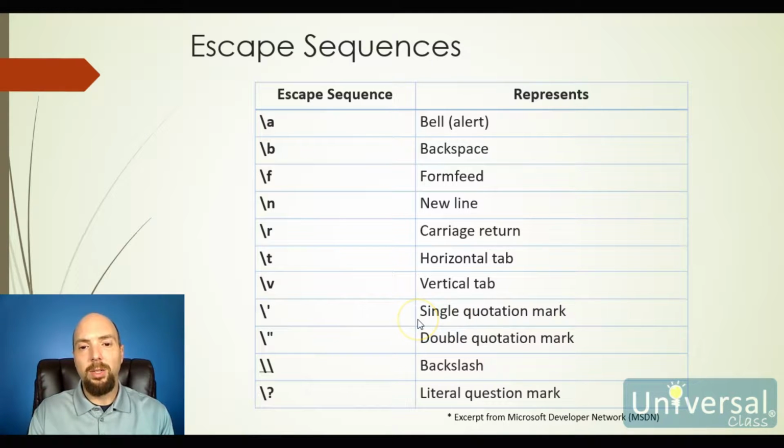So this is how we would actually write a quotation mark on the screen if we wanted to. So we have the single quote and double quote, and the same thing with the backslash. If I want to actually display a backslash, I have to put two of them. And then the other thing is if I want a question mark, because the question mark actually has some other features to it. So these are called escape sequences. There are a lot more than these, but these are the ones that would be used regularly, if at all, because there are some that you'll never actually use.